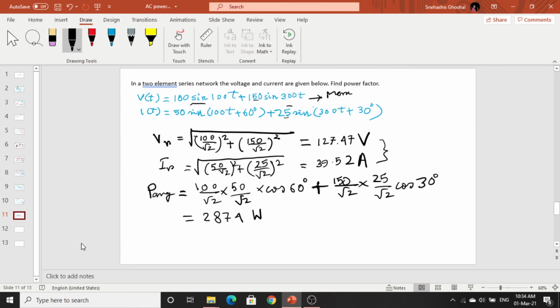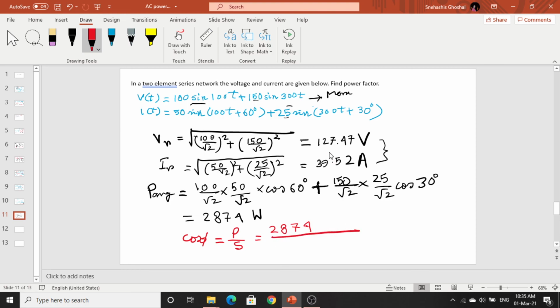Utilizing that concept, we can clearly write that cos phi is equal to P divided by S, or in other words, P is how much? 2874 divided by S.